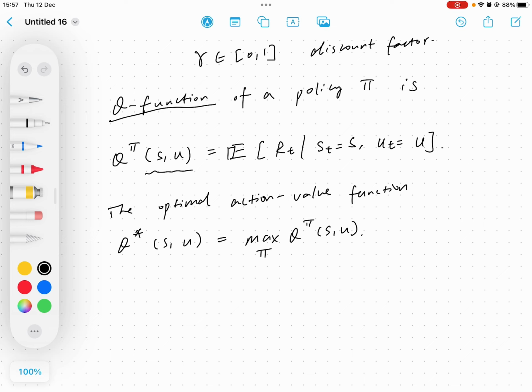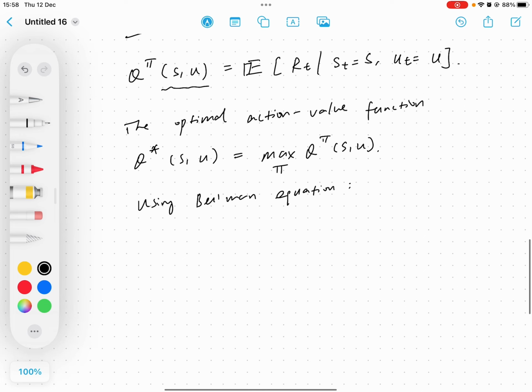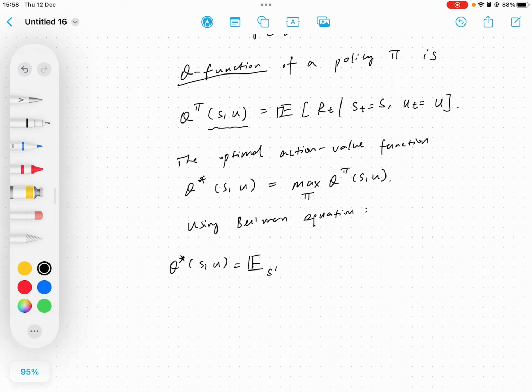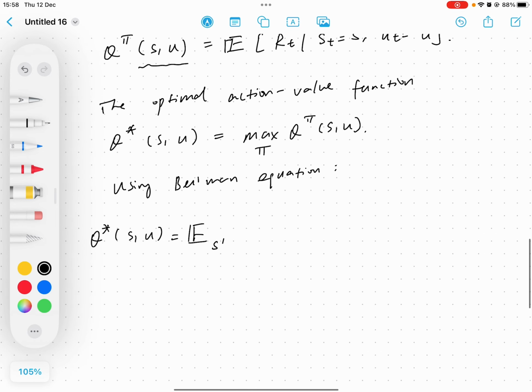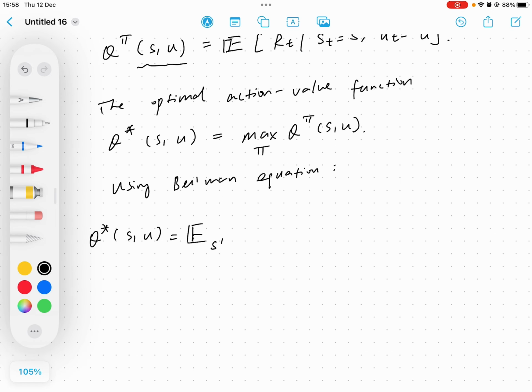So let's see how we do that. Using the Bellman equation, this Q star(s, u) can be written as an expectation over the next state s prime, because that will be unknown here.